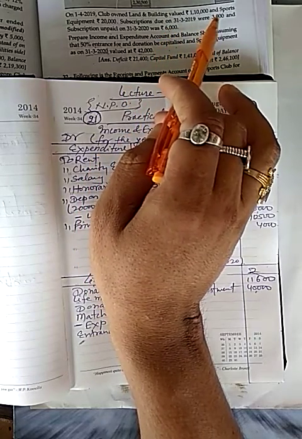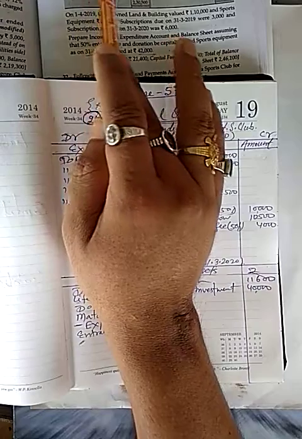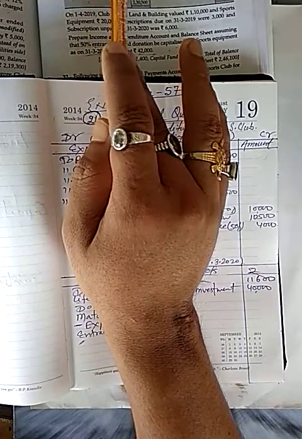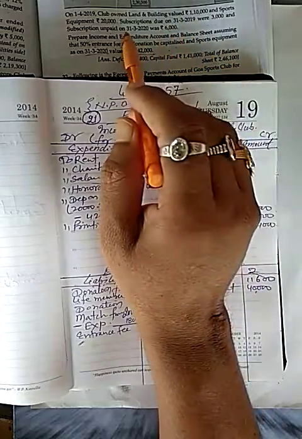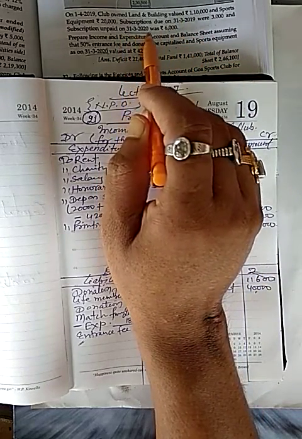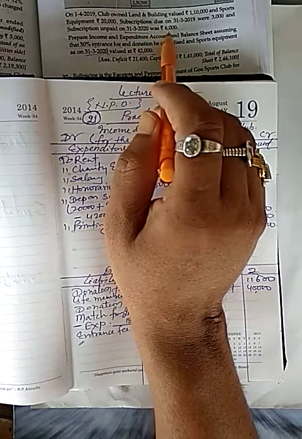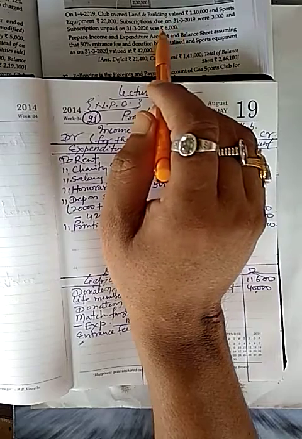Out of 3,000, 2,000 has been received, the question says. And on 31st March 2020 it is showing 6,000.